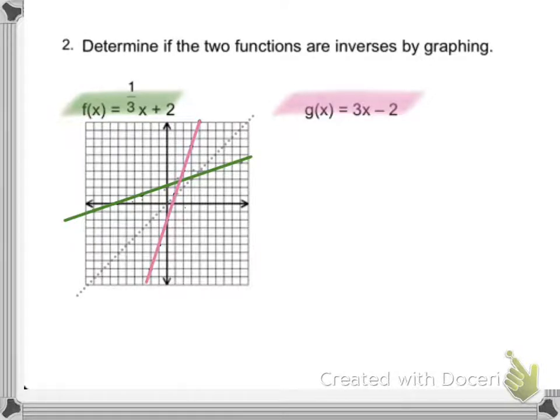Now where do these lines intersect? Are they inverses? Lines are hard to tell a reflection, so we mostly look at the intersection. Are they going to be inverses? No, they're not.